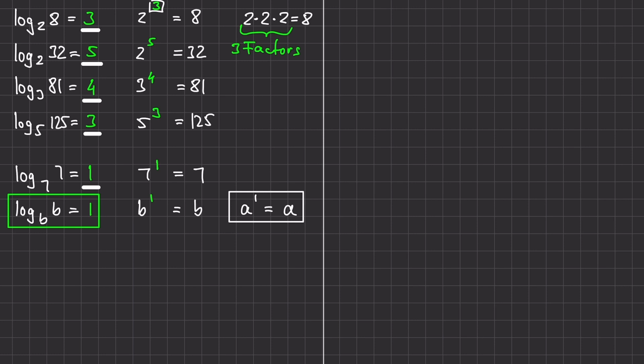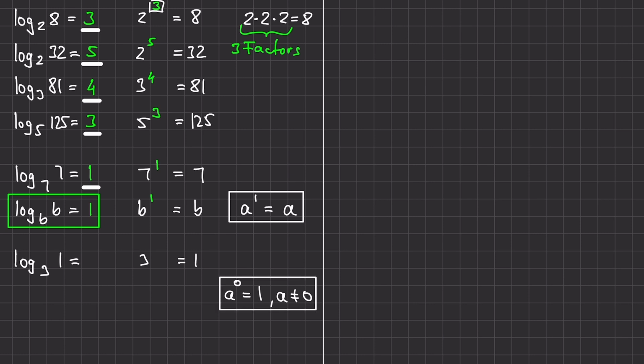Here's also an interesting one. What is log base 3 of 1? What must 3 be raised to in order to get 1? Recall that any non-zero number raised to 0 equals 1.